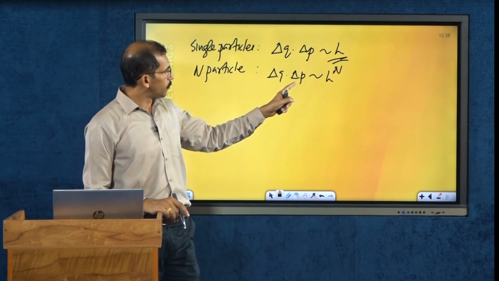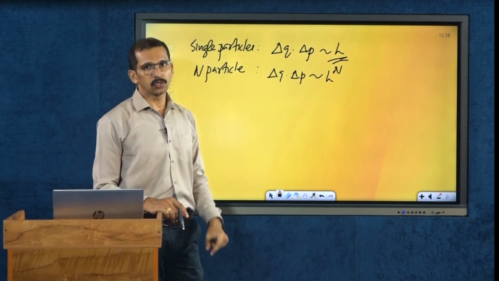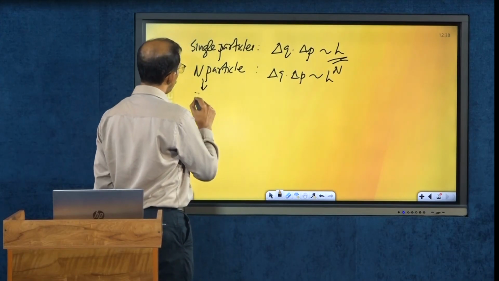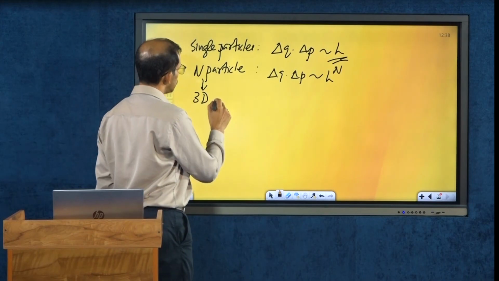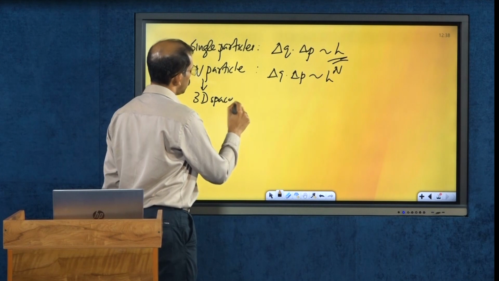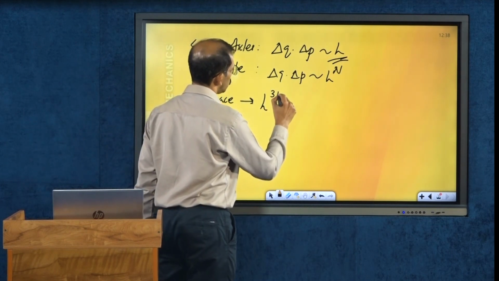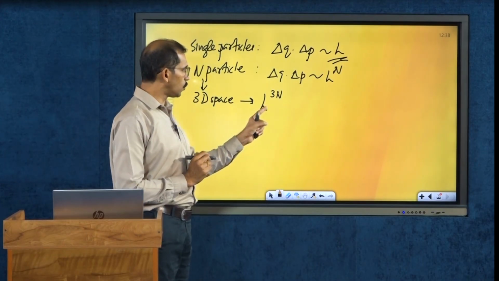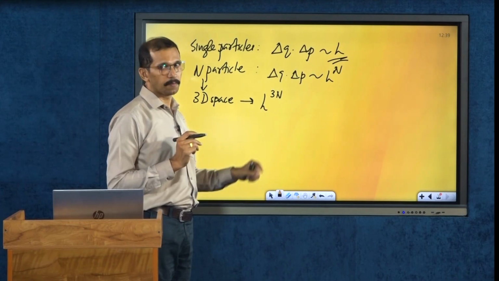And if there are N particles, the total volume will be h raised to N. And if we are considering the N particle system in the 3D phase space, that can be written as h raised to 3N. So this is the volume occupied by an N particle system in a 3D space.